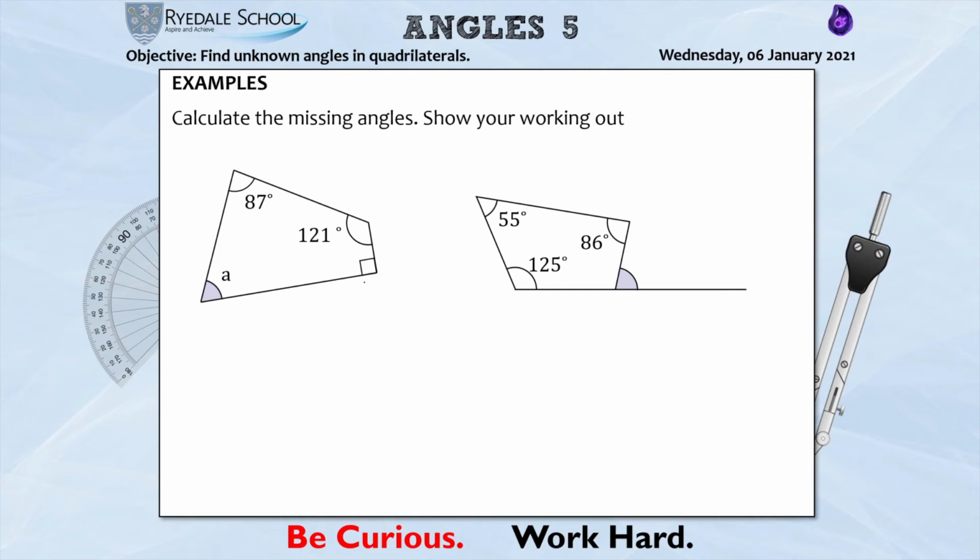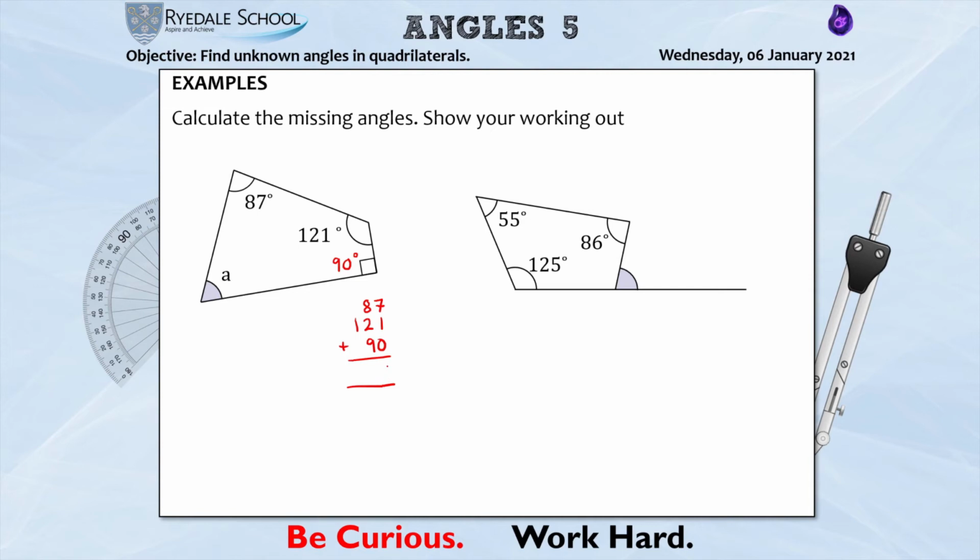I'm sure we all remember what this little square symbol means. Remember, that is a right angle, so that is 90 degrees. So I'm going to use some place value to add these up. As I get into more complicated shapes, I rely a little bit less on doing things in my head and a little bit more on traditional written methods.